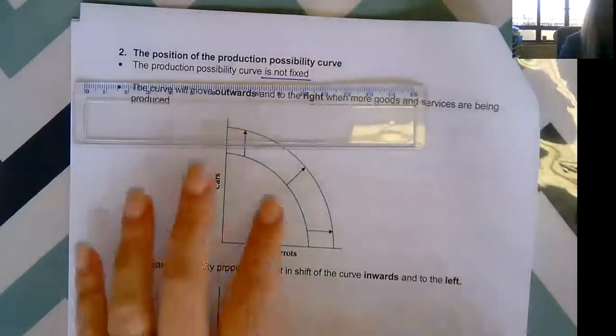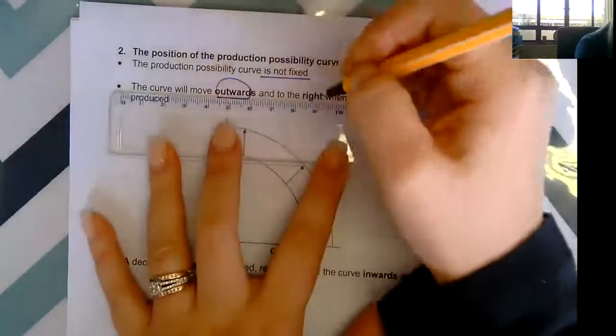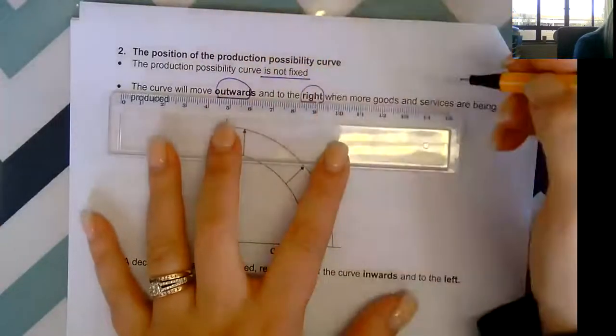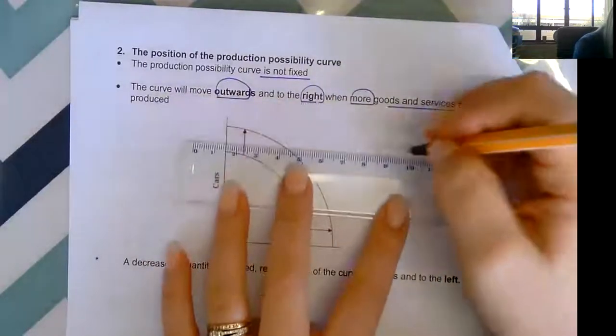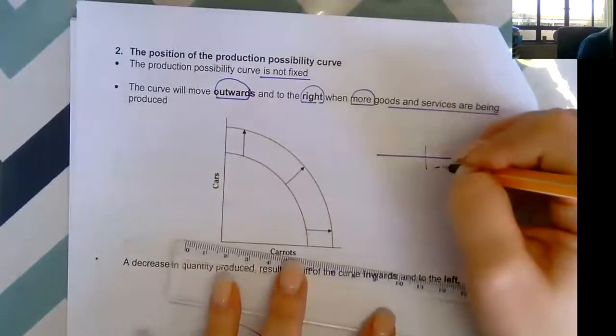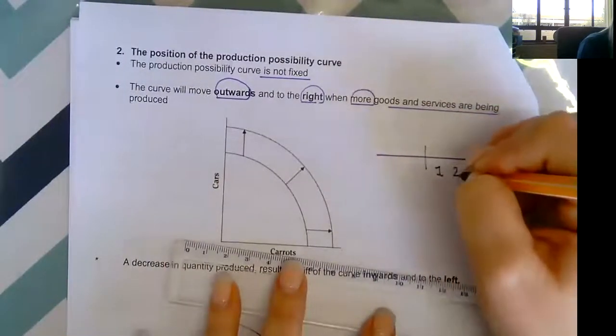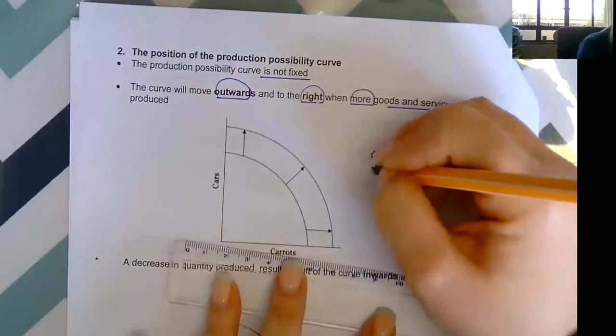Okay. So the production possibility curve will move outwards and to the right if there are more goods and services being produced. Can you remember the little ruler that we made for demand and supply? It's the same.